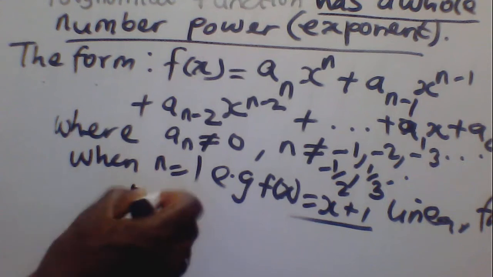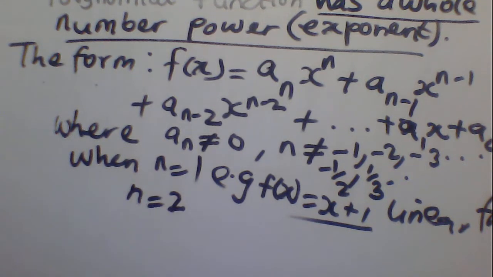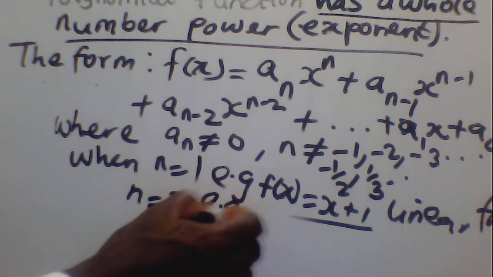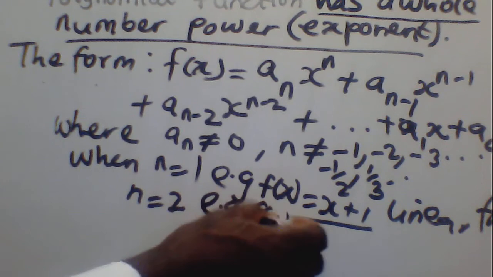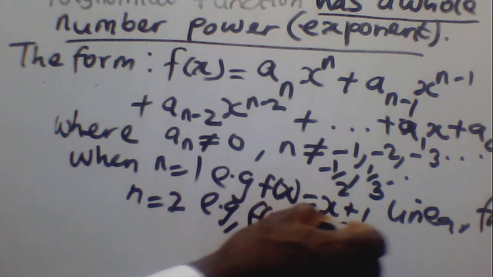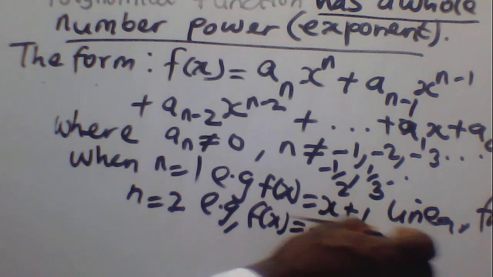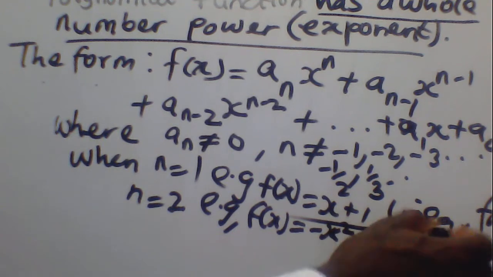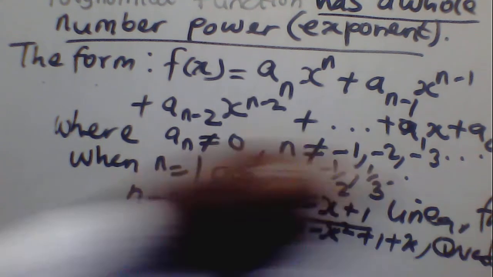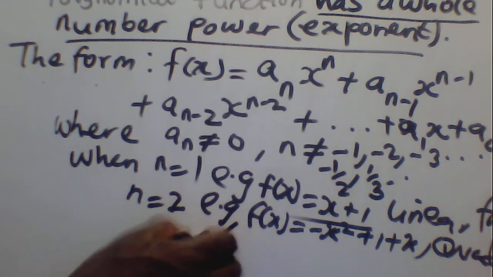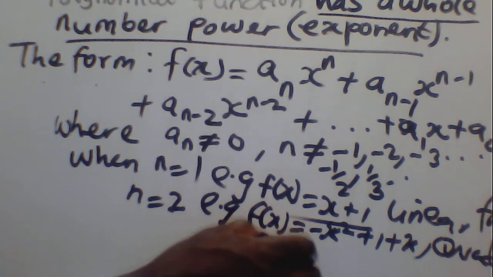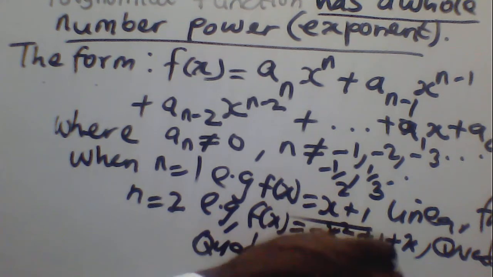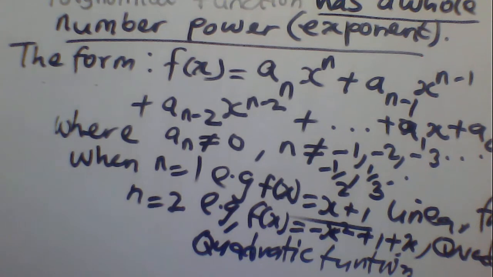When n is equal to 2, we say it is a quadratic function. For example, minus x squared plus 1 plus x. We say that this is a quadratic function, and so on and so forth.